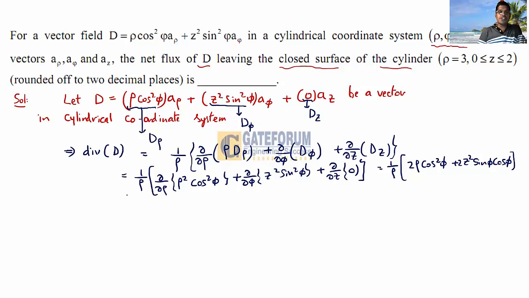So this simplifies to 2 cos square phi plus z square by rho times 2 sin phi cos phi, which can be written as sin 2 phi. So this is the divergence. This can also be written as 1 plus cos 2 phi.